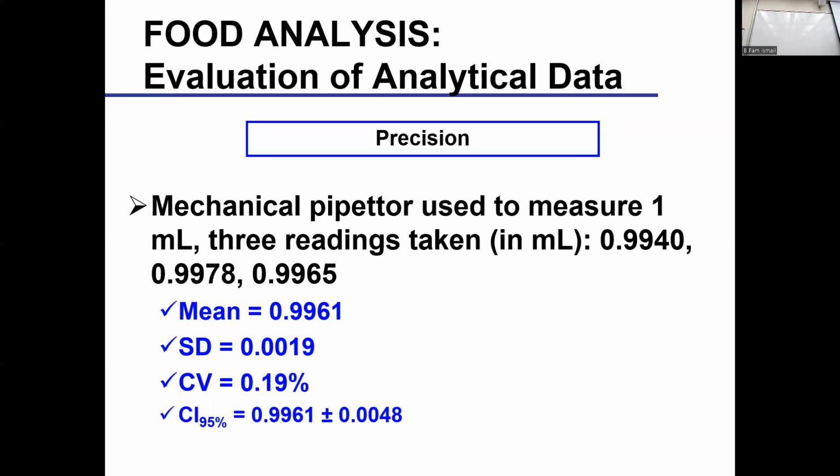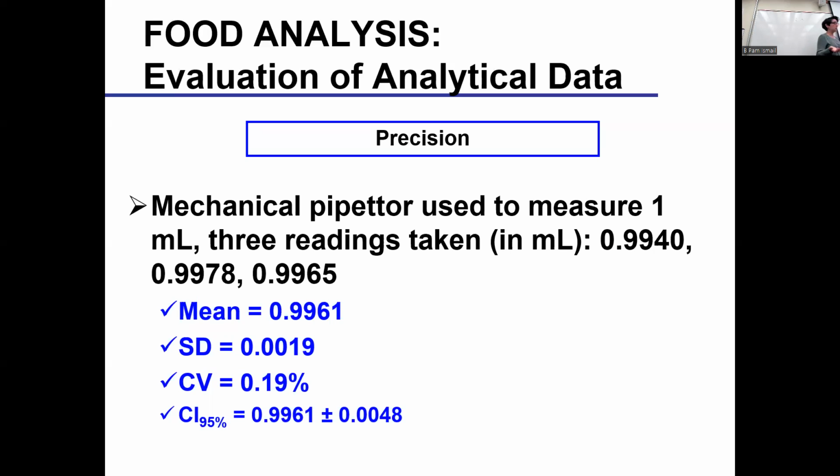Yes. Due to rounding, it seemed as if we divided by 1, but you really want to divide by the actual mean, not by the true mean. So you divide by the actual mean, and since it's very close to 1, you get with rounding 0.19%, which is excellent precision.